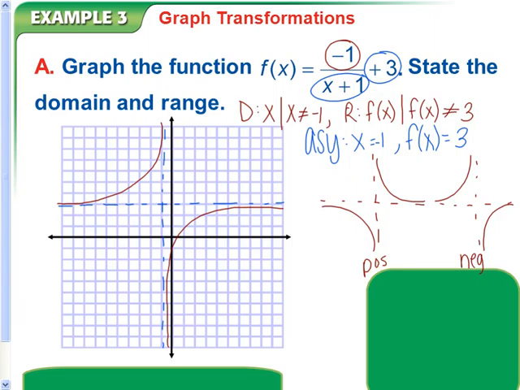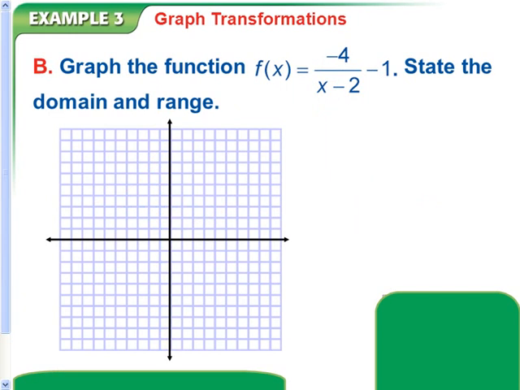Let's try another one. So we've got this problem, and we start by stating or figuring out the asymptotes. So this asymptote is going to be at positive 2. This asymptote is going to be at negative 1. And then we look up above to decide, is this going to be the parent function or a reflection?